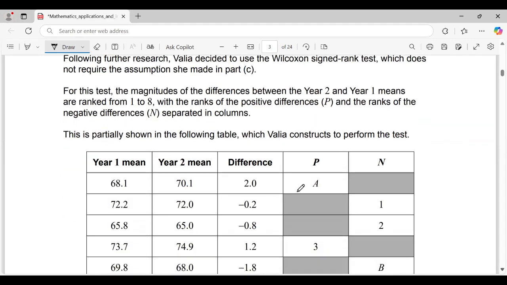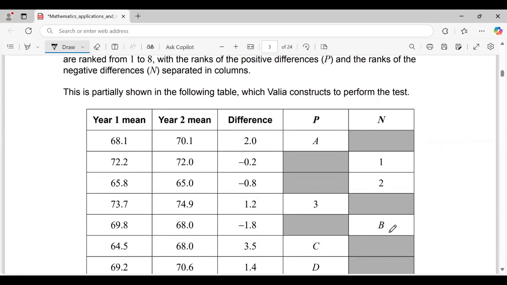This is partially shown in the following table, which Falia constructs to perform the test.